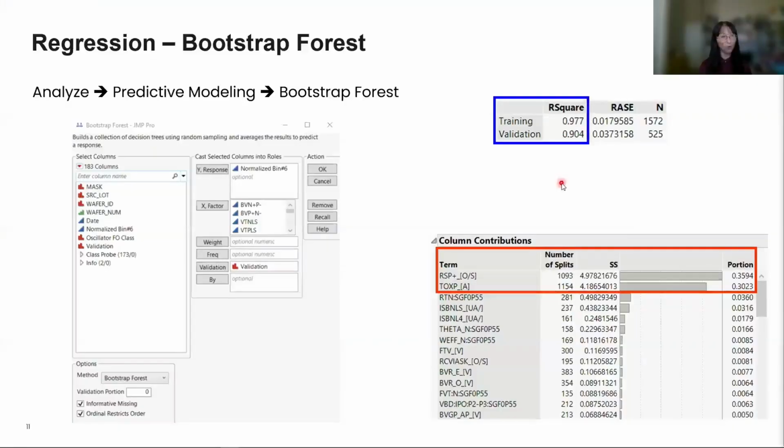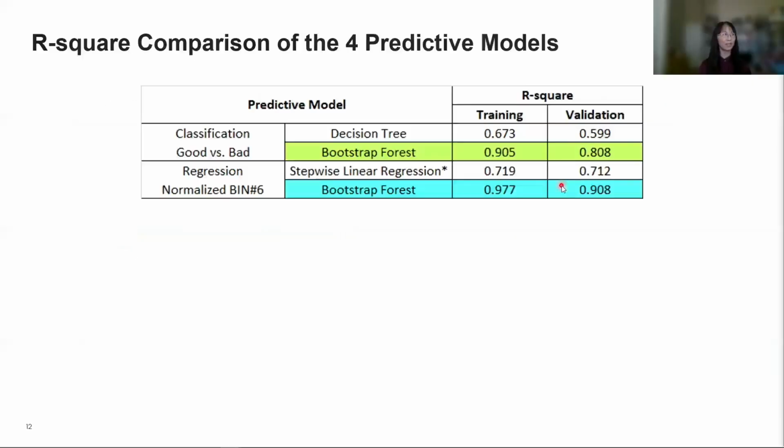Now we have finished all four models, and let's look at the R-squared comparison. It is not very fair to compare the stepwise linear regression because it's not using the same platform, and it's not training versus validation. It's R-squared versus R-squared adjusted.